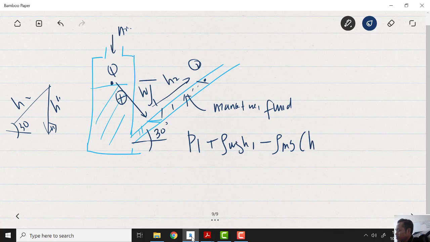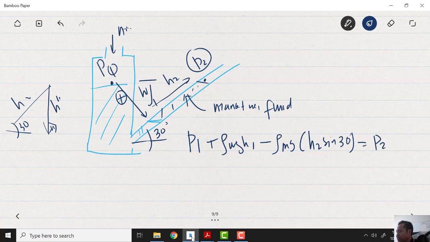So H2 sine 30 equals to P2. Here we have P2, and this is P1. Hope you understand this inclined manometer.